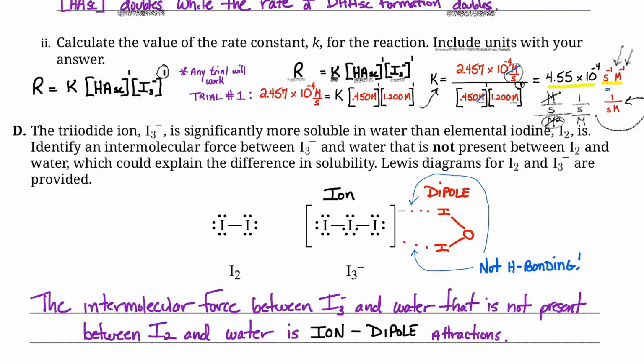Okay, very simply, the I3- is an ion, and it's got a charge, and it's going to attract the partial positive of the H's. Looks like I have iodines here when I look at it, but it's water drawn on its side. Now that I look at it, okay. But certainly this is called an ion-dipole attraction. Molecule-ion, I think, would be accepted as well.